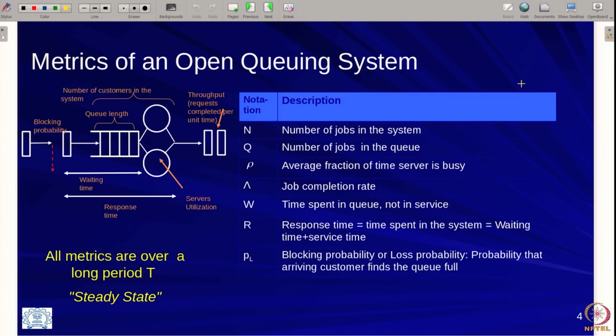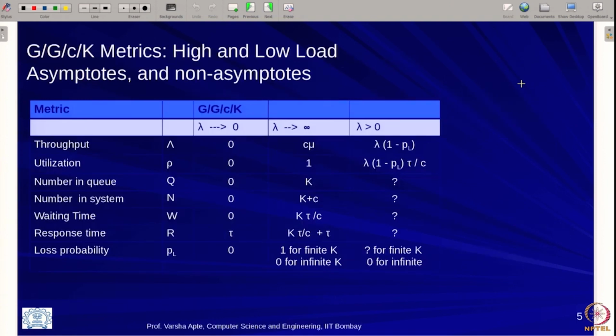These are the metrics that we are interested in. And this is actually showing the summary of pretty much everything that we have done till now, in a completely general GGCK sense. Some of these metrics, if you just put k going to infinity, give you the GGC with the infinite buffer.